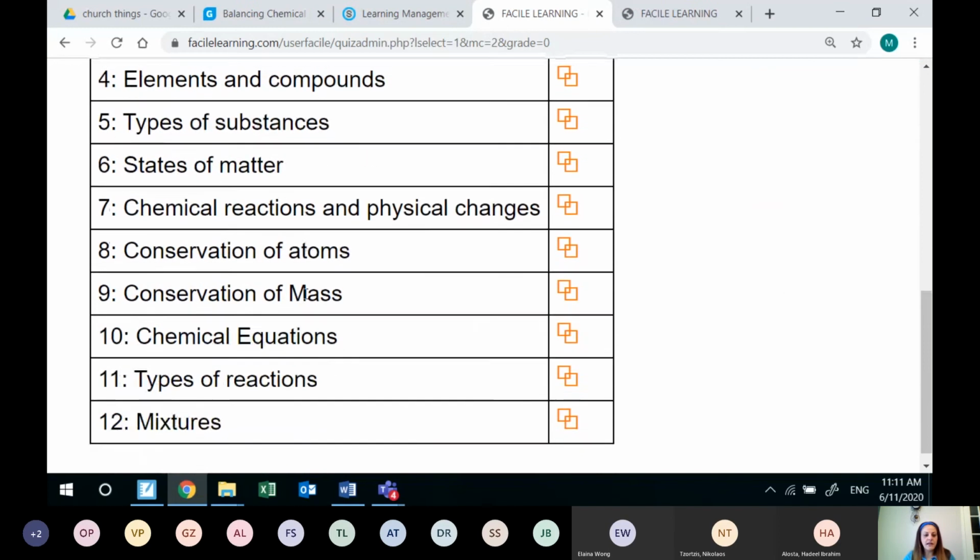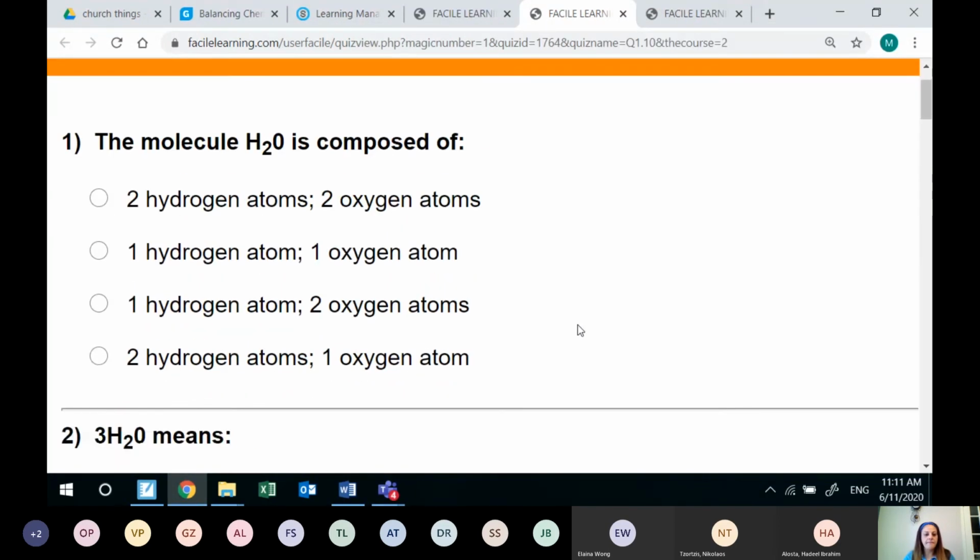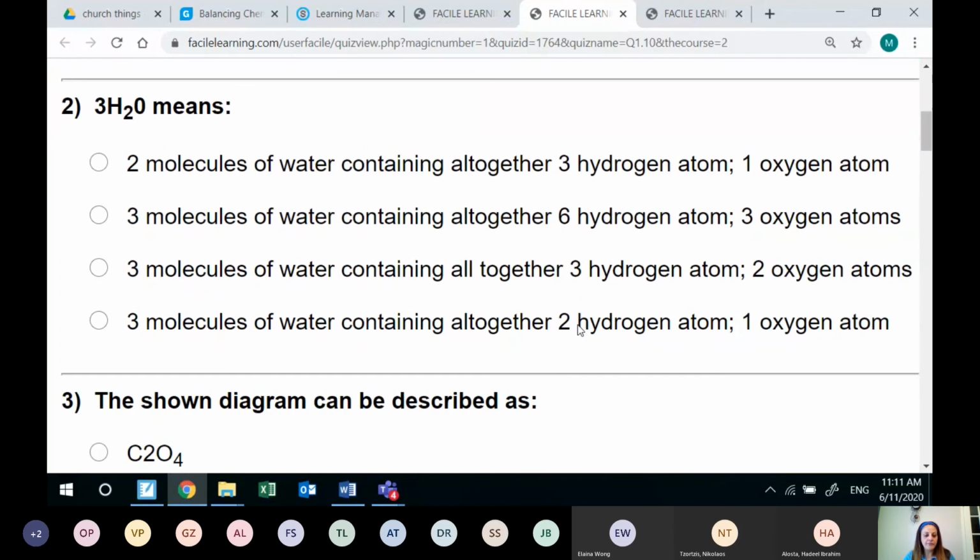Then there was lesson 10, chemical equations. Let's go with number 2. 3H2O means what? Is it the first one, 2 molecules of water containing altogether 3 hydrogens? The second one, 3 molecules of water containing altogether 6 hydrogens, 3 oxygens?